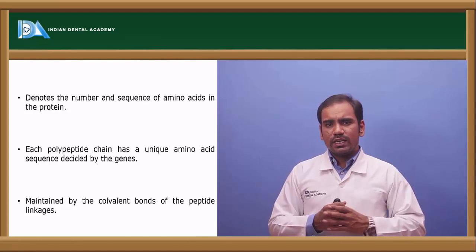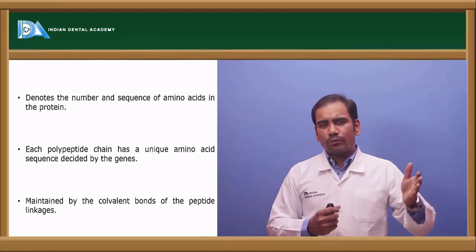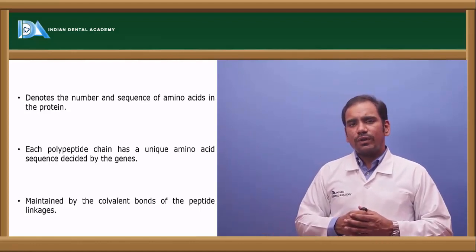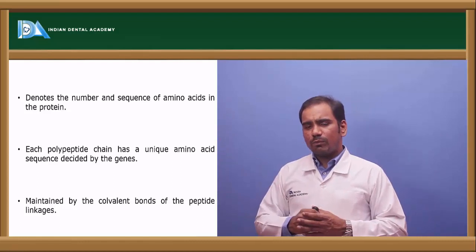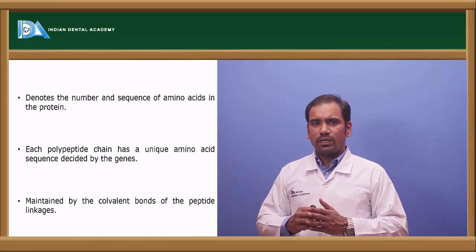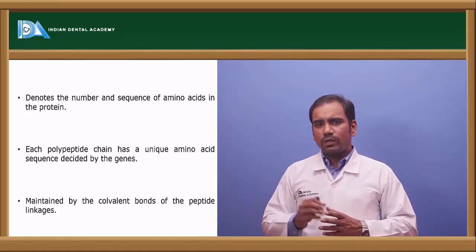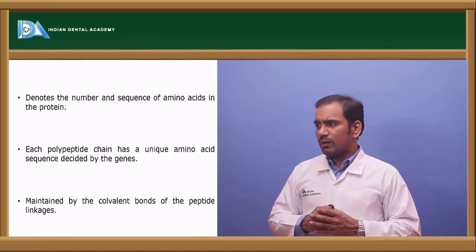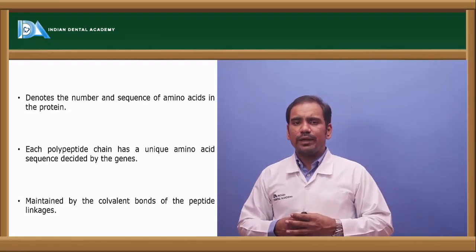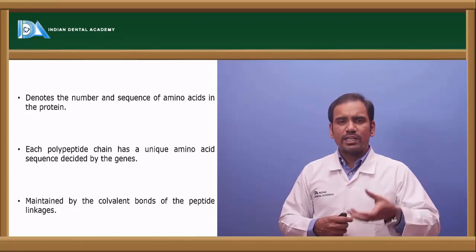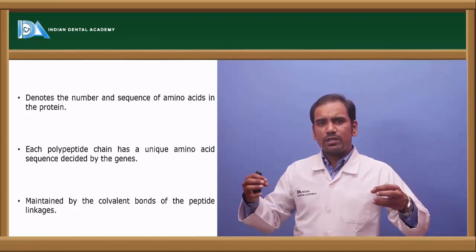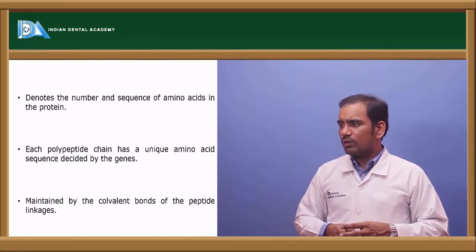The first amino acid has a free amino group, we call it the amino terminal, and the last amino acid has a free carboxyl group, we call it the carboxy terminal amino acid. All the amino acids in between are joined together by a bond called peptide bond or amide bond, which stabilizes the primary structure of a protein.